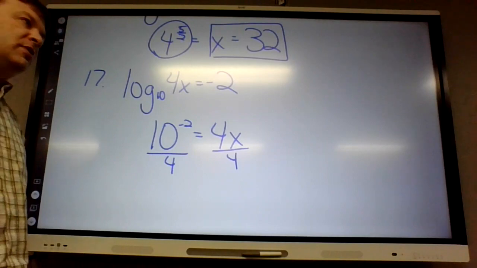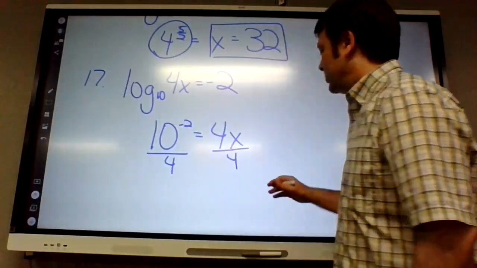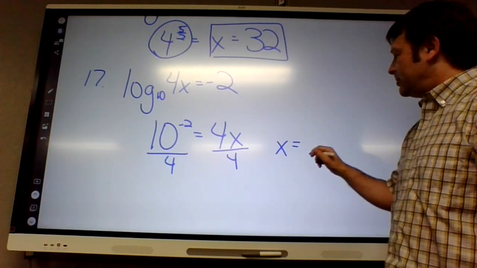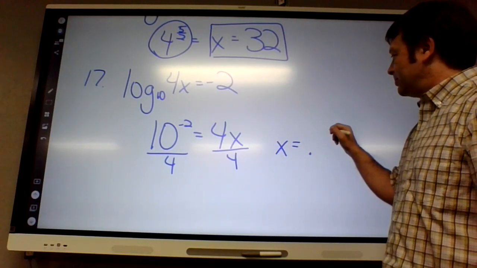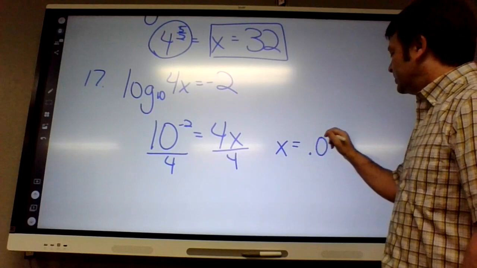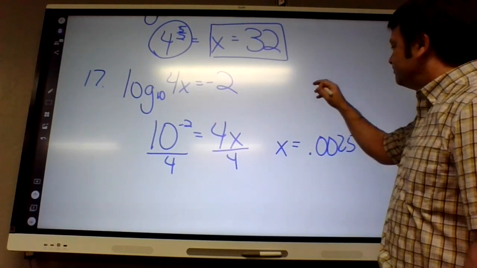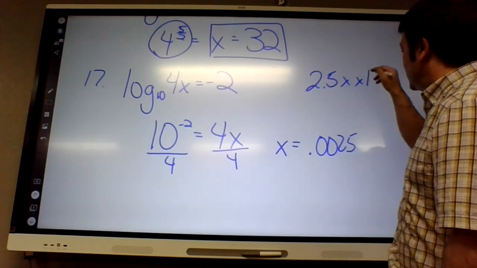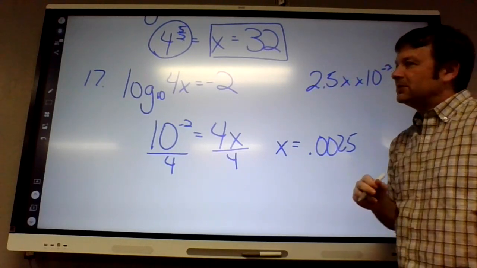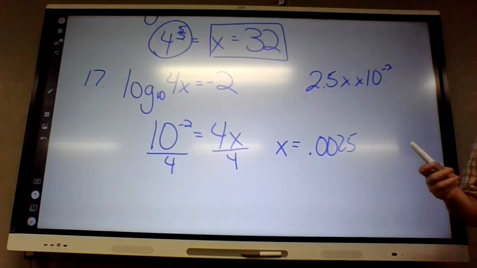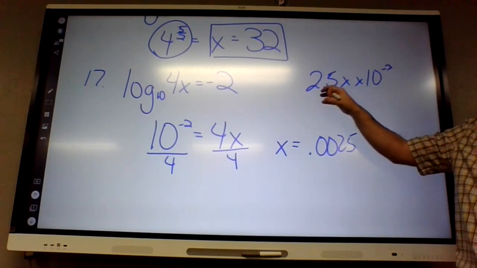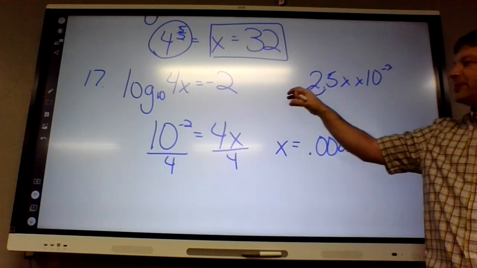1/100th divided by 4 is like 1/400th, but the directions said decimal. The other class was having trouble. Is your calculator spitting out like 2.5 times 10 to the -3rd or something? That's scientific notation: you move the decimal back 3 times.